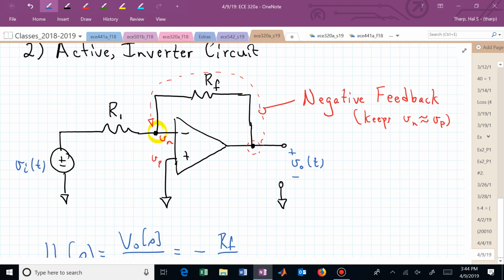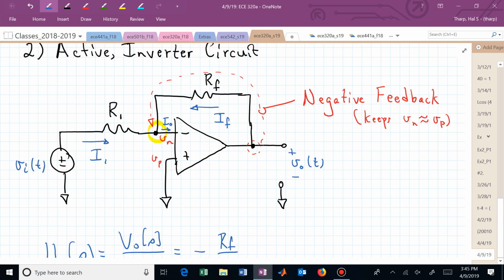We actually have this current, let me call that I1, coming into that node. We have this current, I sub F, and then we have this current, let's say, going out. Let's call this one I sub 0.